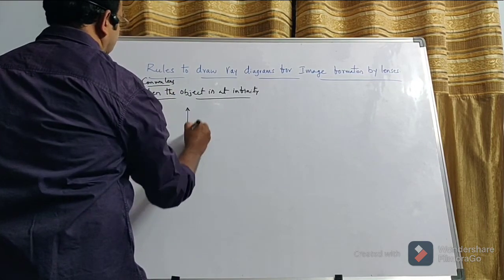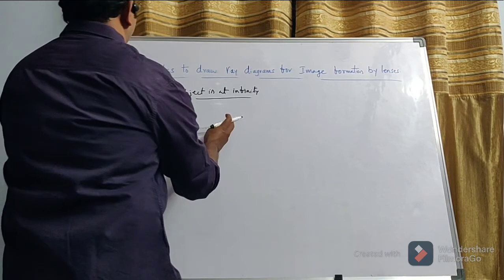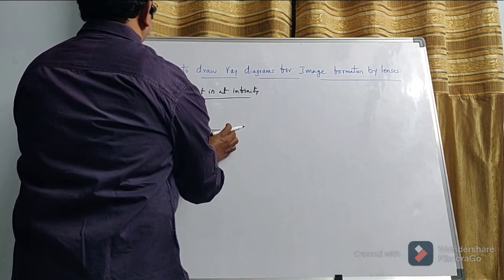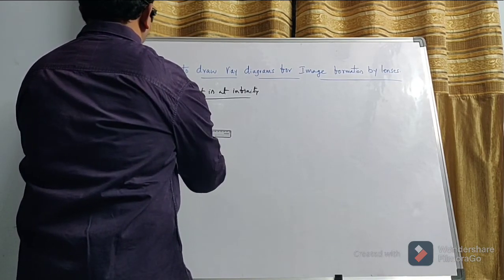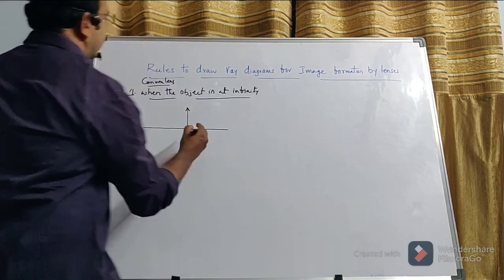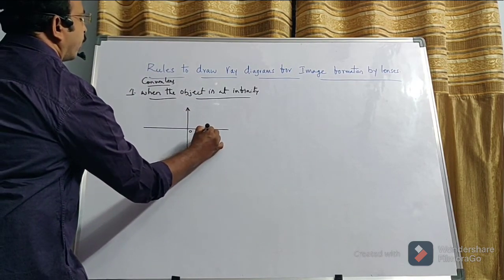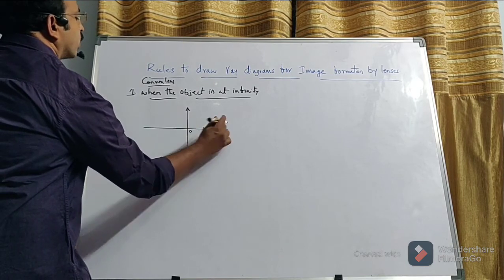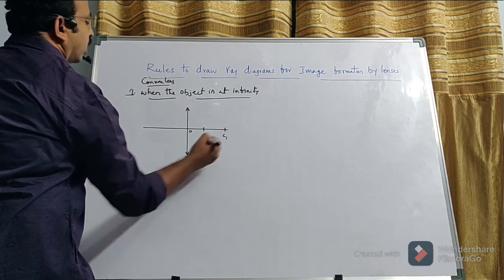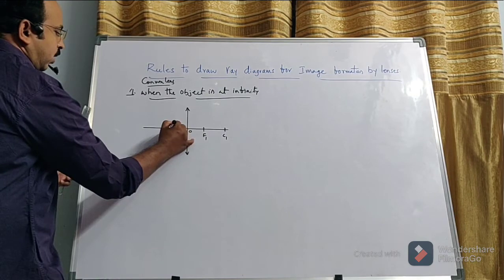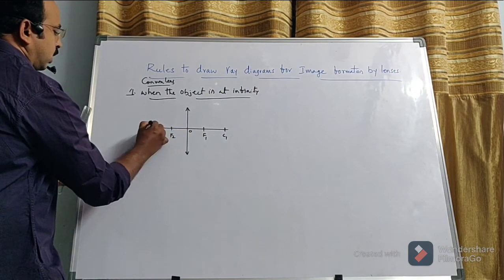As we know, we can keep it like this. This is the optic center. This is called F1. To the F1, double of this, we have the center of curvature C1, and here F2 and C2.